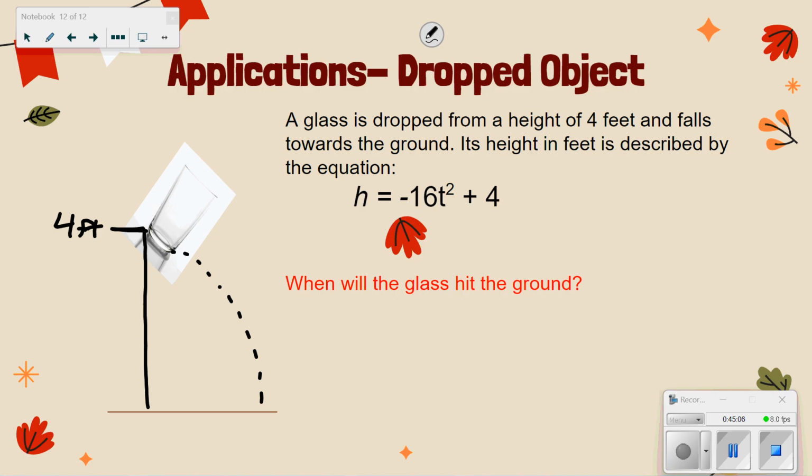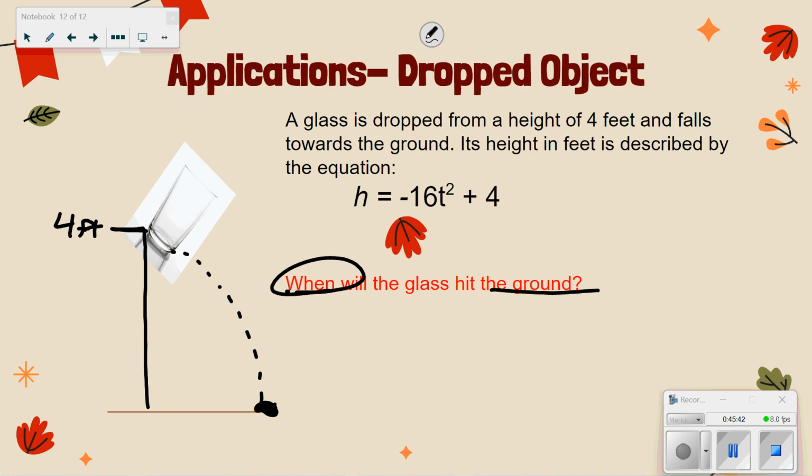So h is our height and t is our time. Our question is, when will this glass hit the ground? Right here is where we would hit the ground. So what do we know based off of our question? That's height. What would that height be for our ground? Not quite. This is my starting height, but I want to know when the glass will hit the ground. 0.